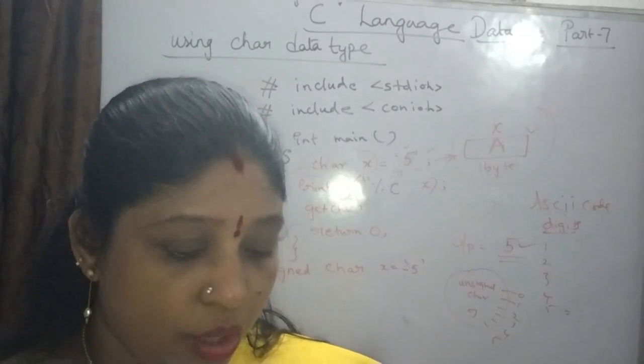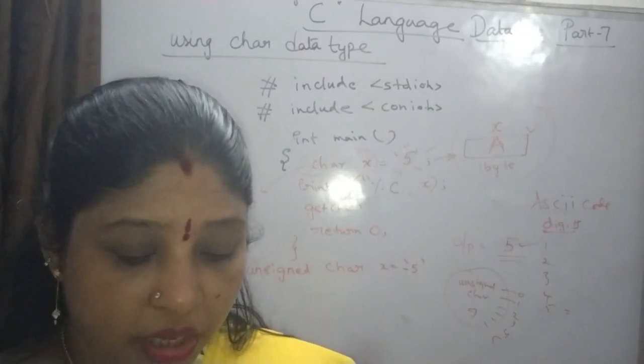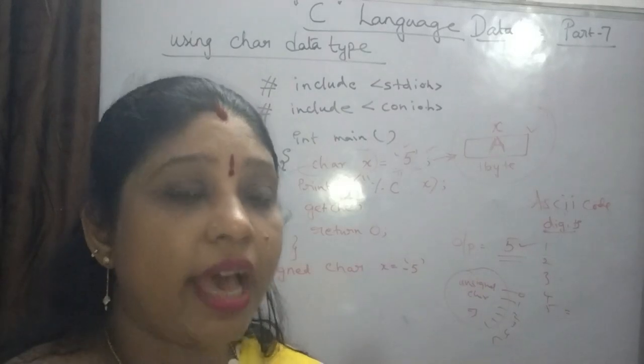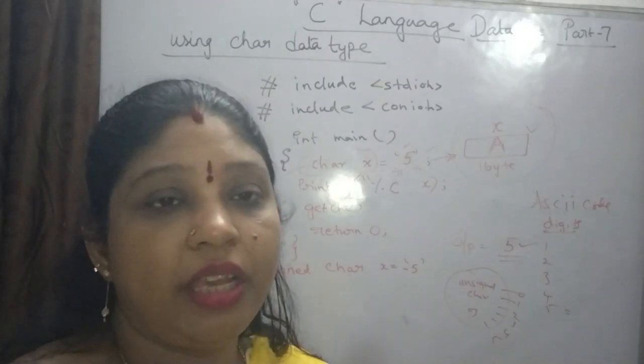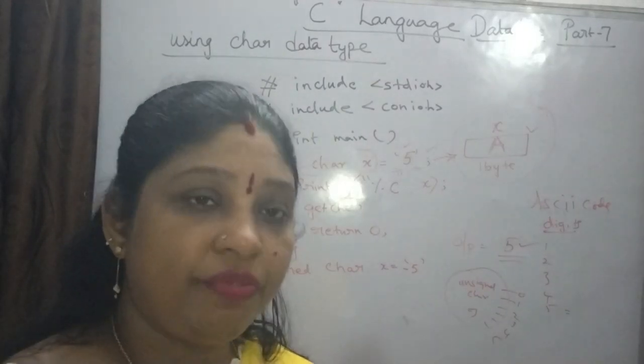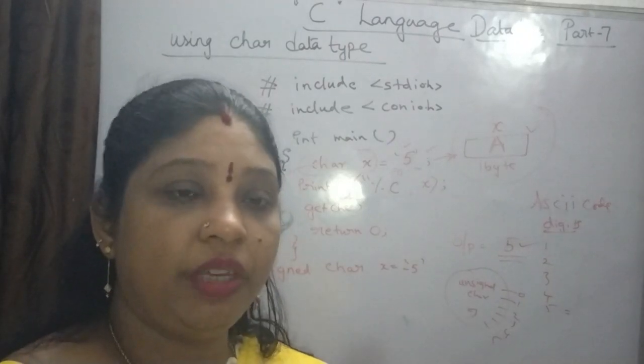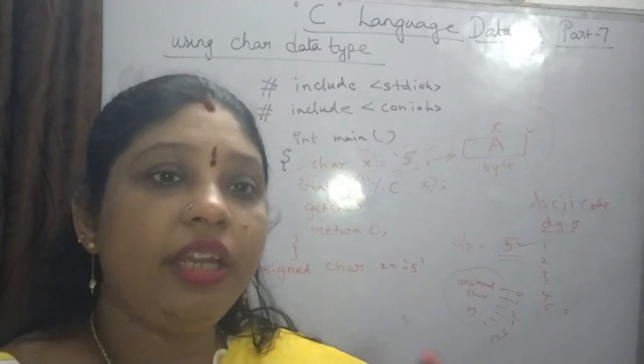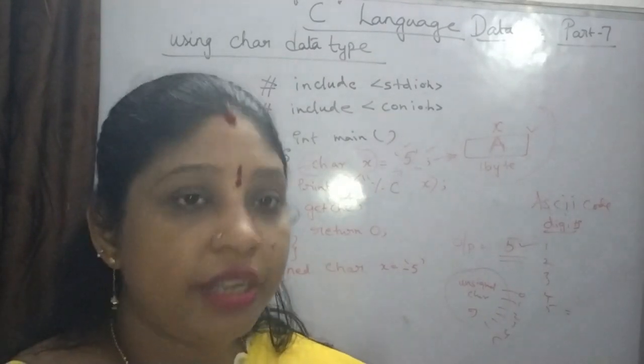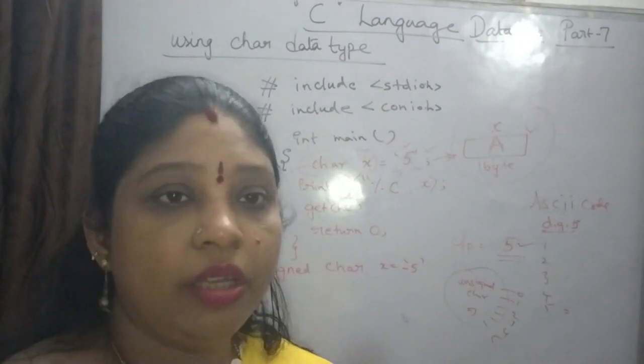All these things will be checked with the ASCII codes, and then it will display the values. It depends on your program, whichever format specifier you are giving, %c or %d, then it will see that, retrieve the values and display them in the output.